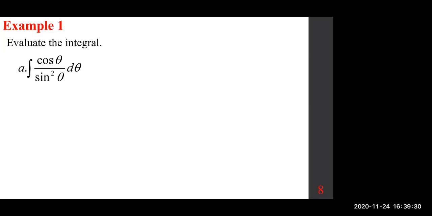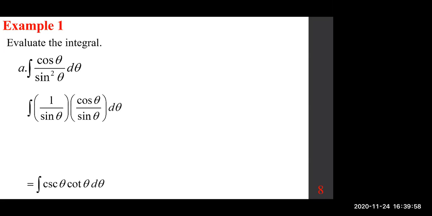For example, we are looking at cosine over sine squared of theta. When you're dealing with a trigonometric function, you should always look for a way to simplify if it is possible, okay? If not, then maybe some sort of substitution is in order. I hope you realize you can write this as 1 over sine times cosine over sine. Why are we writing it as such?